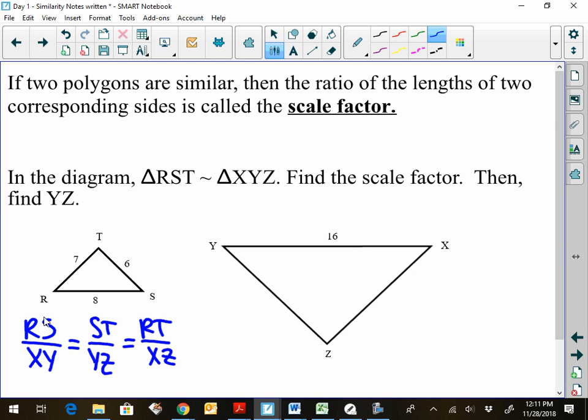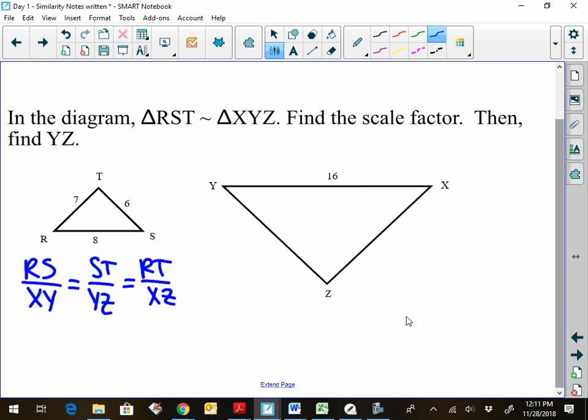So now let's figure out what we know. Do we know what RS is? Well, that would be 8. So I'm going to fill this in underneath for what I do know. So I know RS is 8. I know XY is 16.